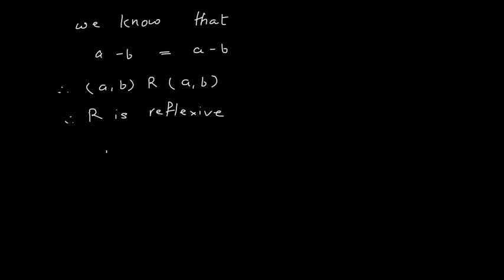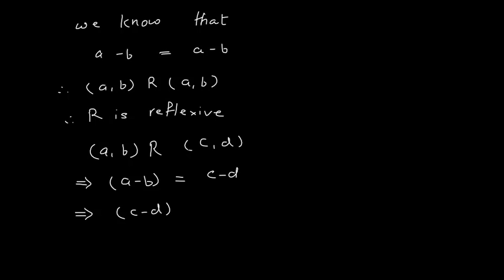So here (A, B) related with (C, D) indicates that A minus B is equal to C minus D. This implies C minus D, we reverse the positions, we apply the commutative law, C minus D is equal to A minus B. This implies that (C, D) is related with (A, B).